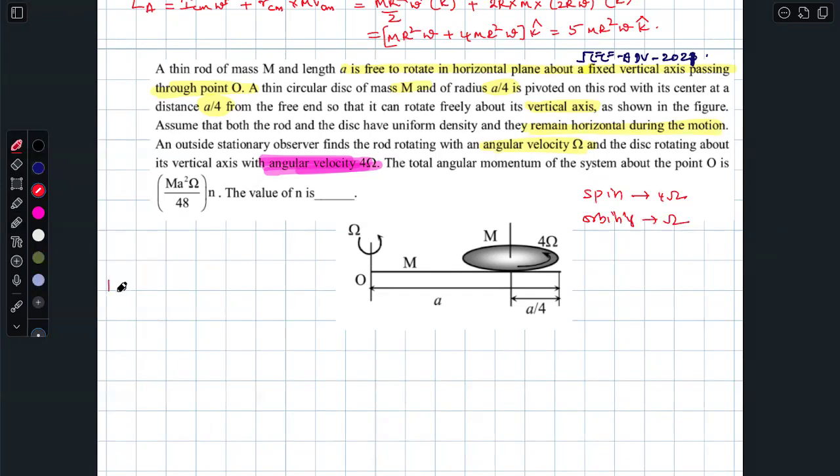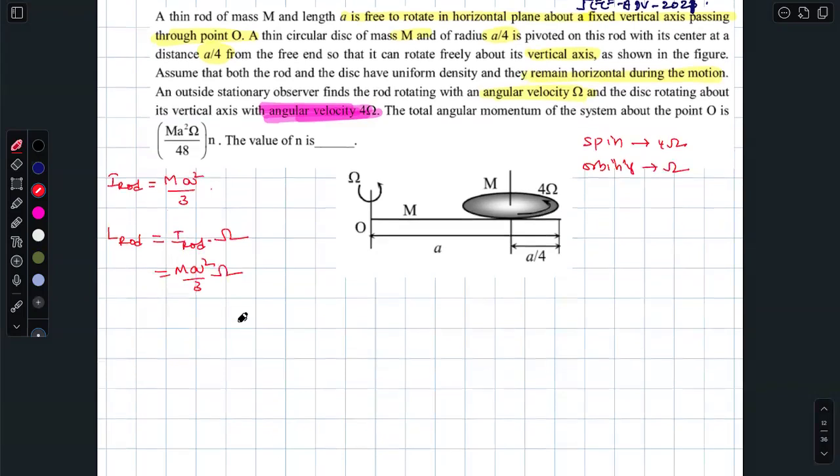What is the angular momentum of the rod? First of all, you require I of the rod about an axis passing through one of the ends. So I_rod times omega, which means M A squared by 3 times omega. Agreed, boys and girls? Next.